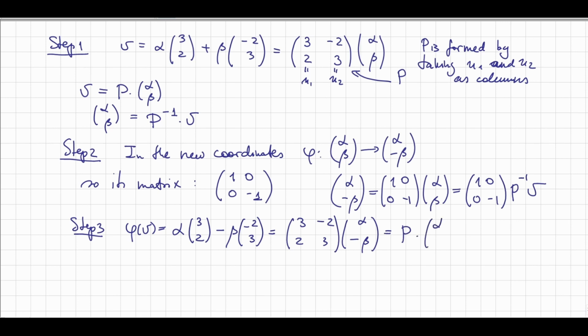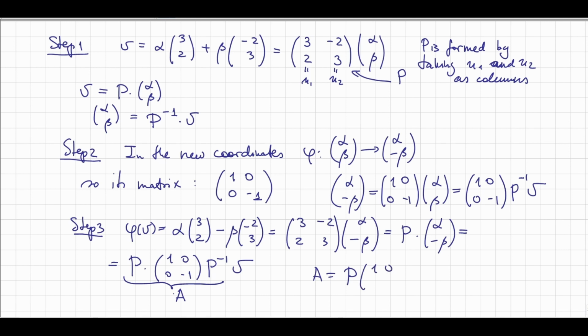We know what it is, so it is the diagonal matrix times P minus 1 times V. So here is the matrix A. A is P times 1, 0, 0, minus 1 times P minus 1. That is now the matrix that we are interested in.